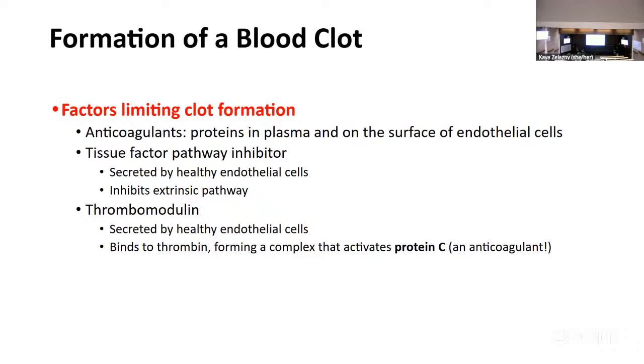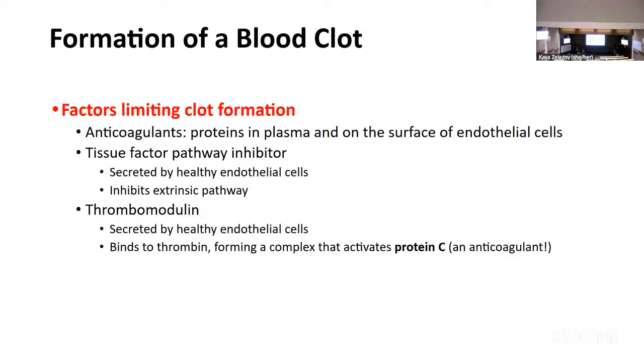We also have something called thrombomodulin that acts as an anticoagulant. So again, this is coming from healthy endothelial cells. What this does is that in those healthy blood vessels, those healthy endothelial cells secreting this thrombomodulin are going to bind on to the thrombin. So the thrombomodulin and the thrombin come together to form this complex, this thrombin-thrombomodulin complex that activates another protein in your blood, protein C. And this whole stuff together acts as an anticoagulant.